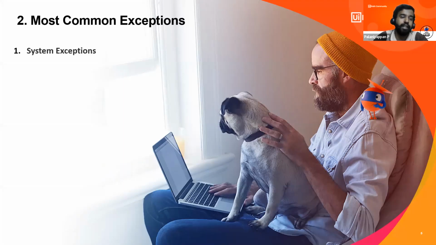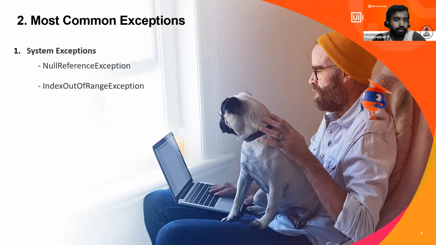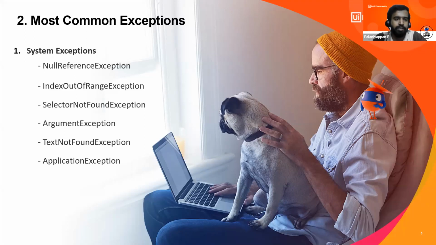We term the system exception as a type. Under that, we can see a lot of system exceptions, for example, null reference exception, index out of range exception, selector not found, argument exception, text not found exception, and application exception. The reason I've listed these out is that every developer will come across them when developing and testing their bot.